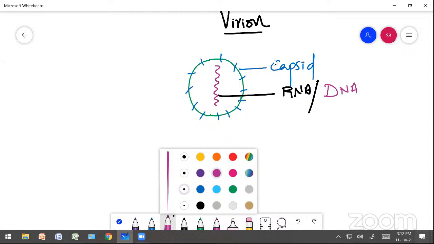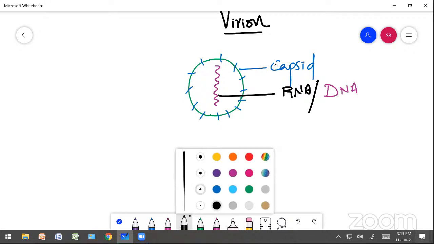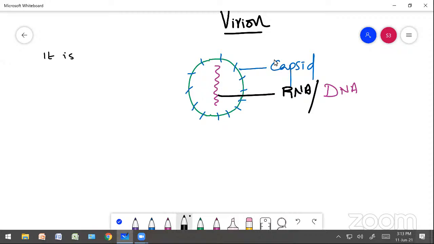When it comes out of the host cell, simply I can say, Virion is an intact and infectious particle.